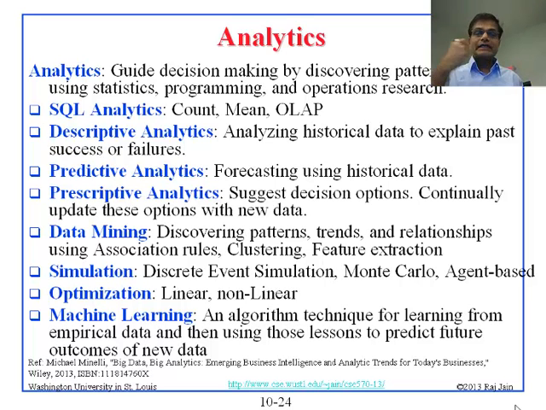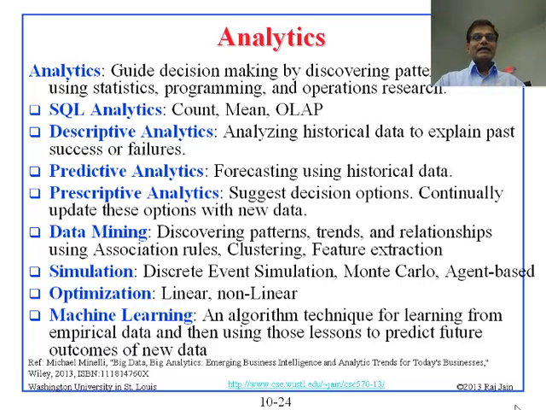You might use statistics, programming, operations research, any analysis technique to make some useful information out of it, then it is called analytics. So analysis is mathematics, but analytics is, after mathematics, you do something that people can use, some information, patterns, some result that anybody can use.